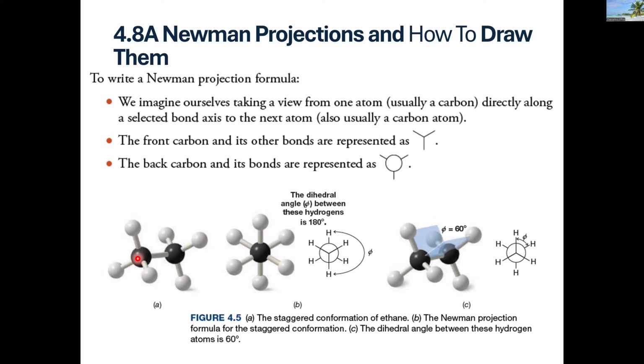Okay, there are 2 types of bonding. When 2 atoms form a bond by head-on overlap, which means the 2 orbitals overlap, in molecular orbital theory, there is an orbital overlap.